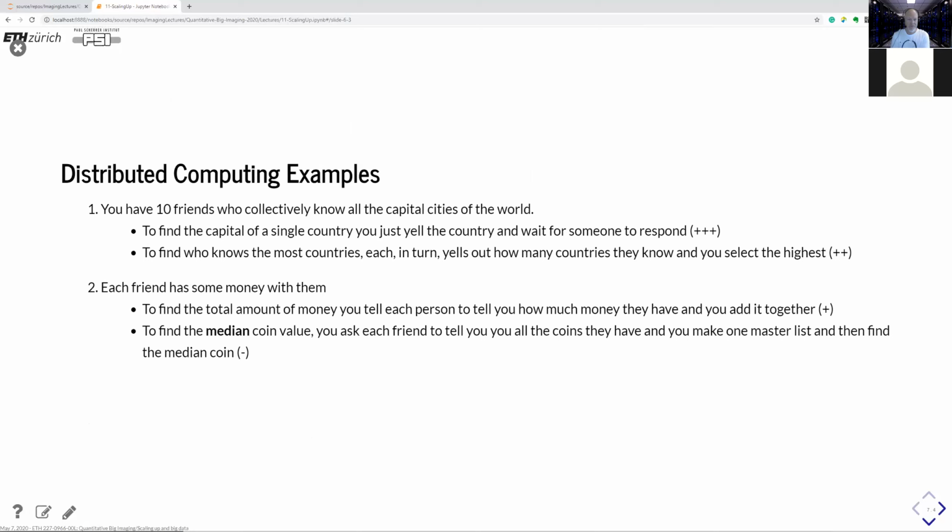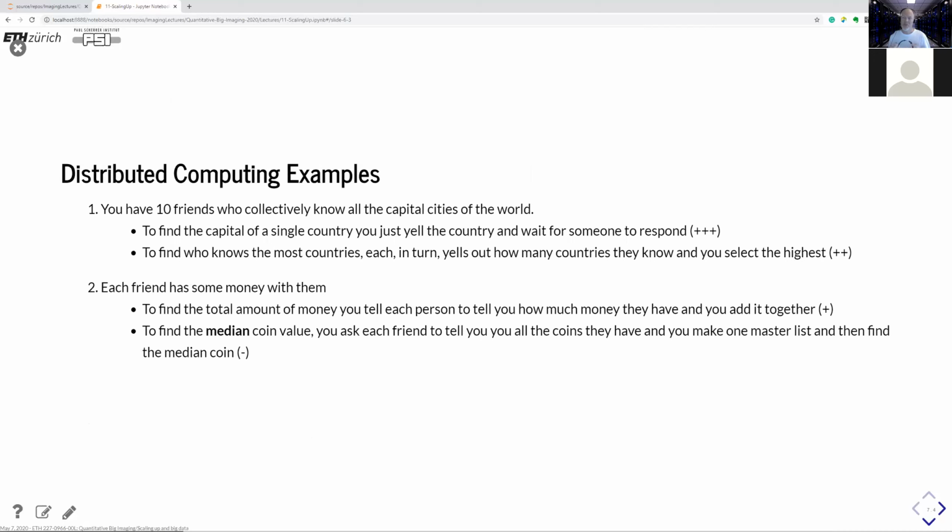So some examples of distributed computing, real world examples. Say you have 10 friends, and together they know all the capital cities in the world. Then you can have different approaches. To find the capital of a single country, you just yell the country and wait until someone responds.